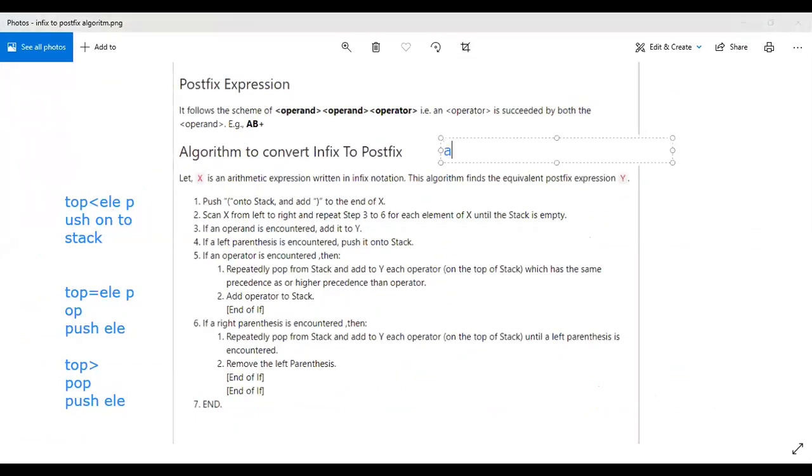For example, a plus b, this is the expression I have given. What he is telling is to convert it into left bracket a plus b right bracket. It is just a slight modification of the previous one.